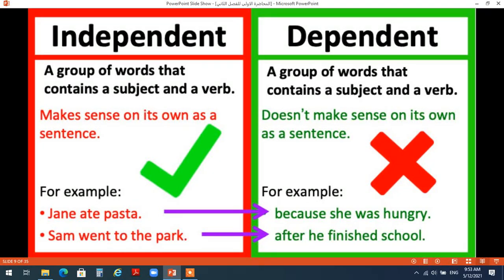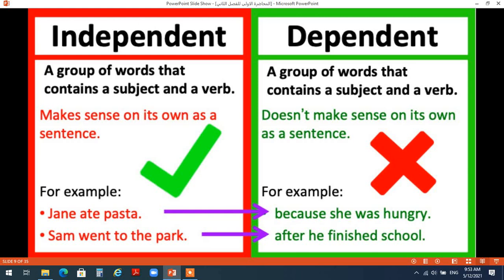For example, if you say because she was hungry or if you say after he finished school، نلاحظ أنه المعنى غير مكتمل. بنقول because she was hungry لازم يكون قبل ننطي عبارة أخرى توضح أنه why she became hungry.